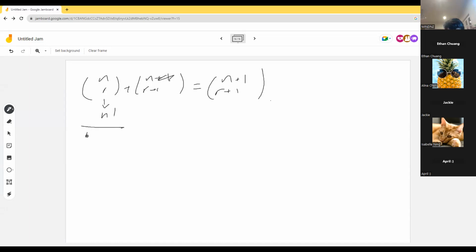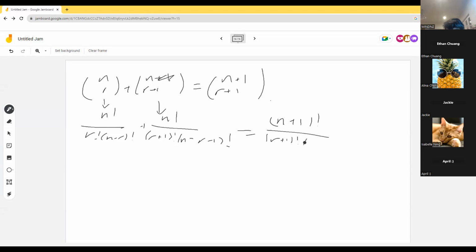That's n factorial over r factorial times n minus r factorial, plus n factorial over r plus 1 factorial times n minus r minus 1 factorial. And we want to prove that's equal to n plus 1 factorial over r plus 1 factorial times n minus r factorial. We've got two fractions on the left, so we want to add them together.